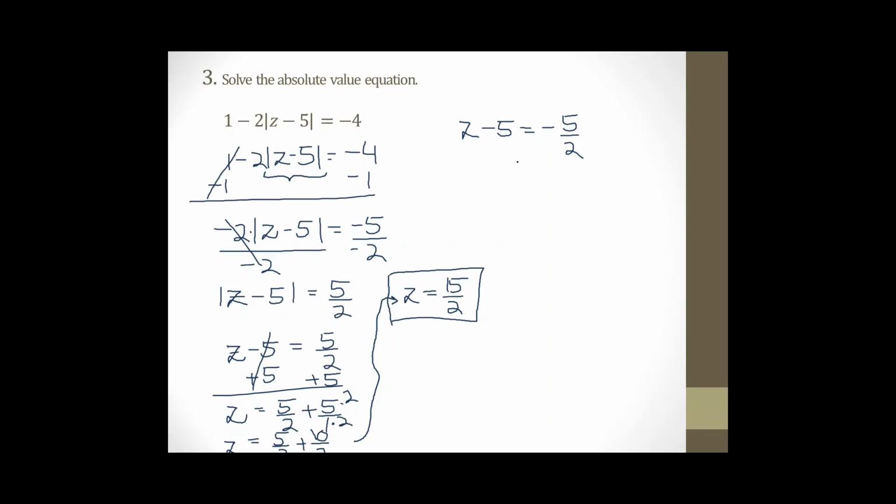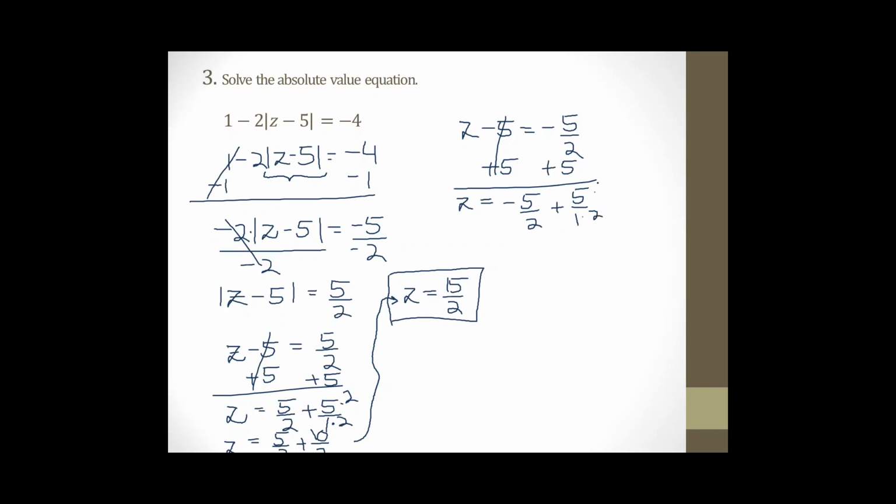And then my second equation is right here. So again, I have to add 5 to both sides. And I am getting negative 5 over 2 plus 5. Again, I have to find the least common denominator, which is 2.